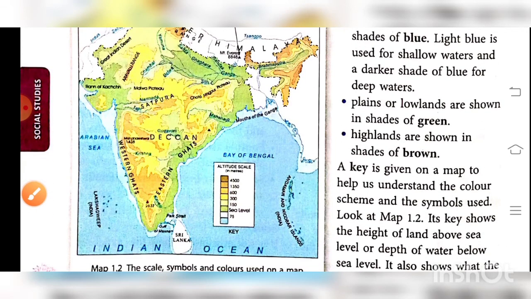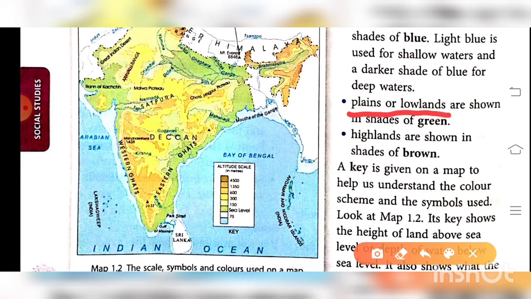Next point, plains or lowlands are shown in green, and highlands are shown in shades of brown. Highlands like mountains and plateaus are all shown in brown color.